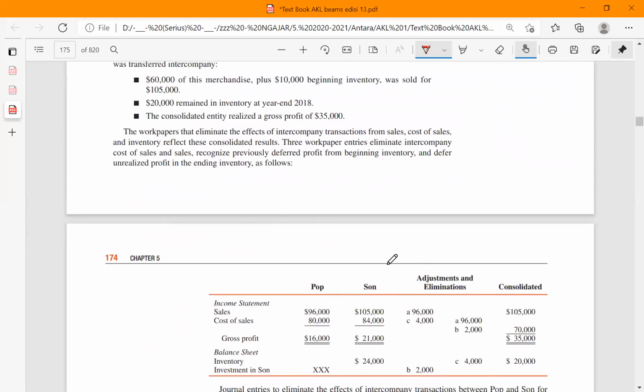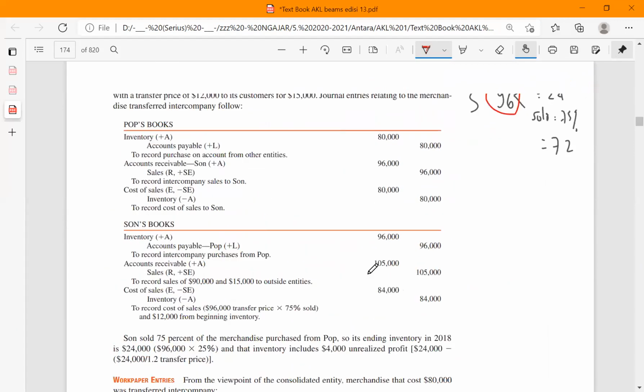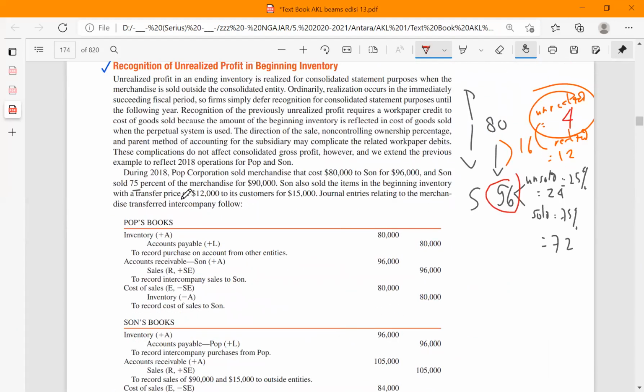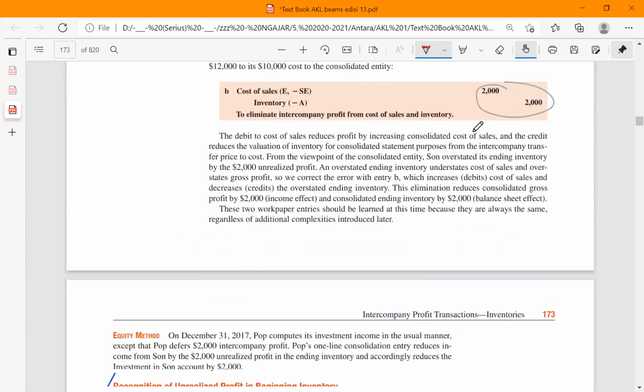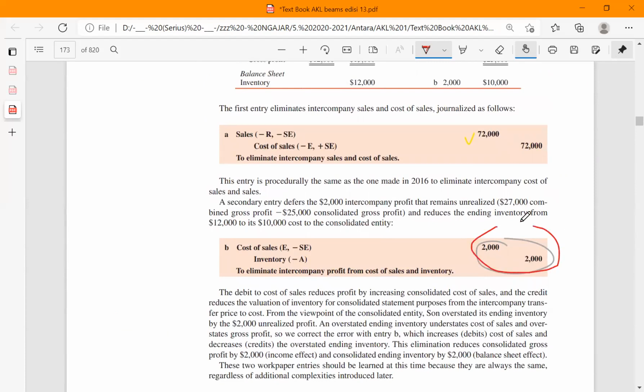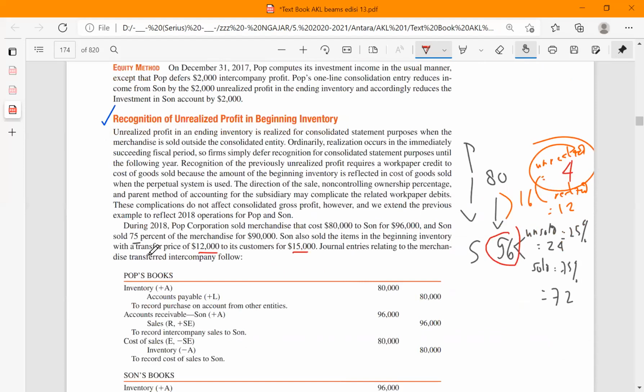So the new journal entry that you need to learn here is, look at this statement. S also sold the items in the beginning inventory with a transfer price of 12 to its customer for 15. So this is continuing the previous story, that this number we can finally recognize in 2018 because it is finally sold to its customer.